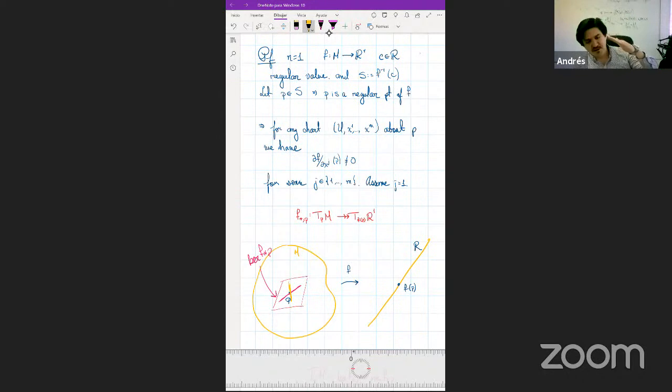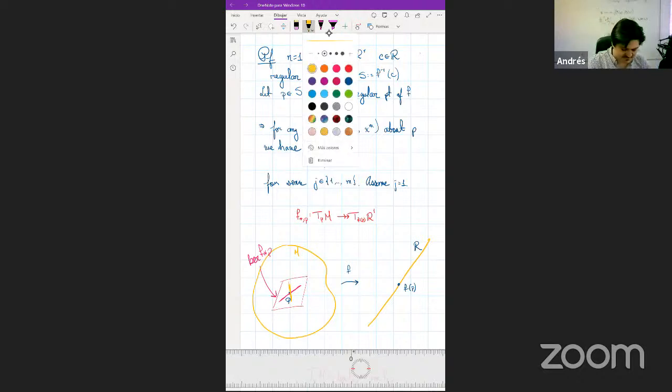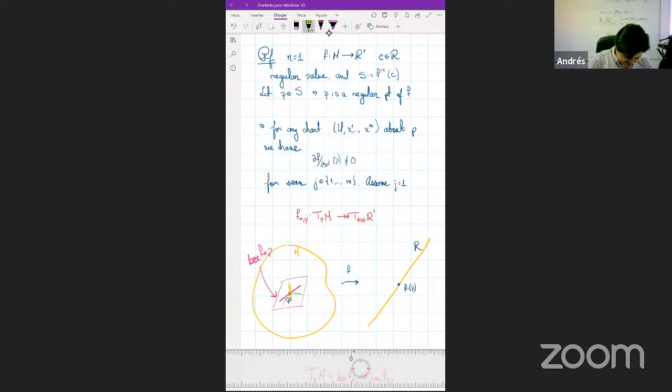So the red subspace is the kernel. It's going to happen that the red subspace is precisely the tangent space to S. That's what we're going to be arranging, basically.